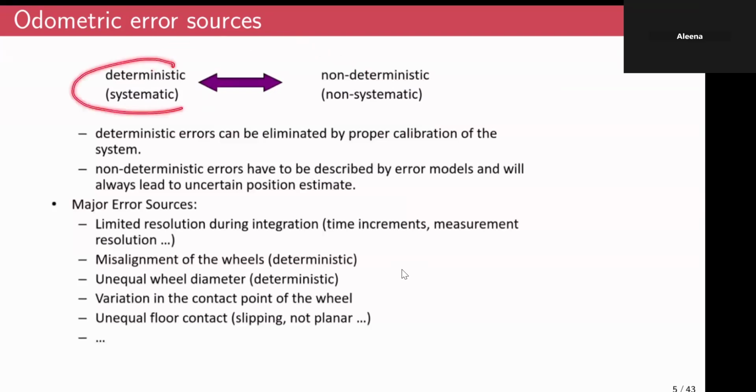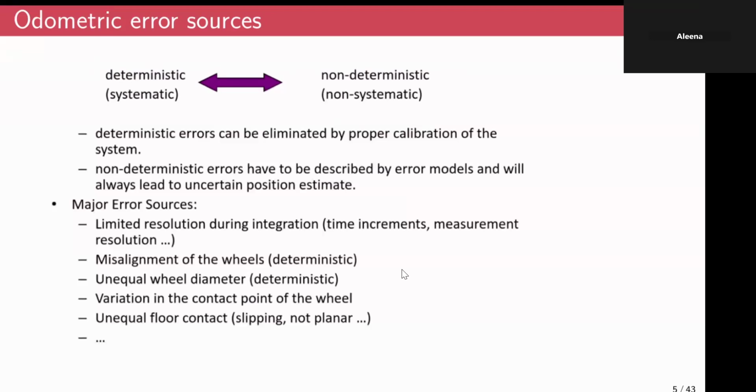The first one we call deterministic errors or systematic errors, and the second classification is what we call non-deterministic errors or non-systematic errors. In deterministic errors, we can exactly predict the magnitude. We can exactly model the error in a deterministic way, how much error that is going to be.